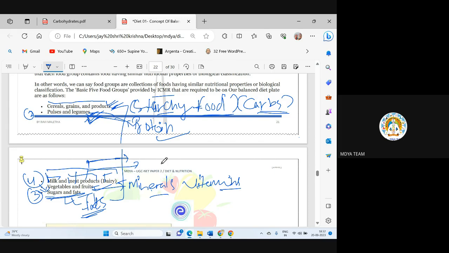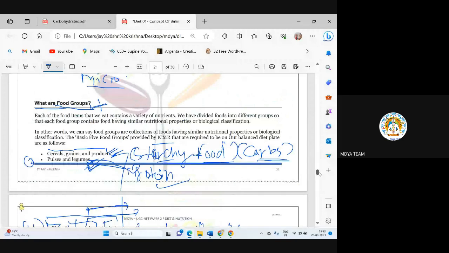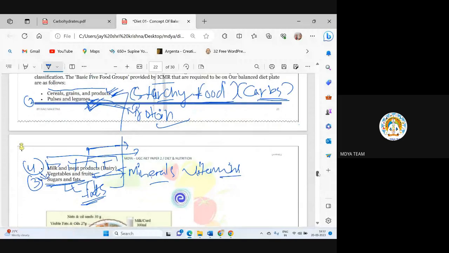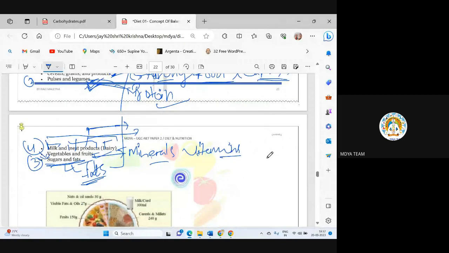ICMR released these food groups around 30-40 years ago, but our ancestors already knew all these food groups, that's why it resembles our Indian plate. And if you are having a good Indian diet like chapatis, vegetables, dal, then all these food groups are covered automatically.